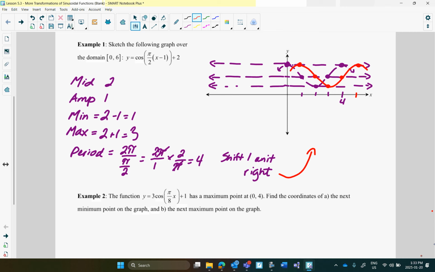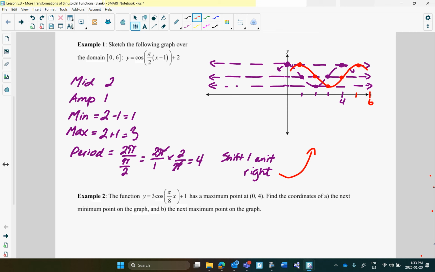You are asked to show the graph from 0 to 6. Domain of 0 to 6. Remember, domain is x values. So from x equals 0 to x equals 6. Right? So I have to extend this graph to the right and to the left. Well, here's 1.